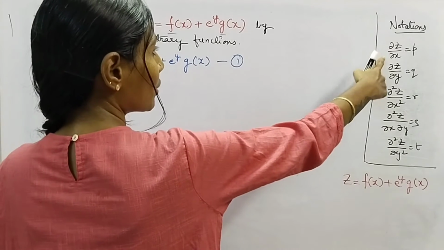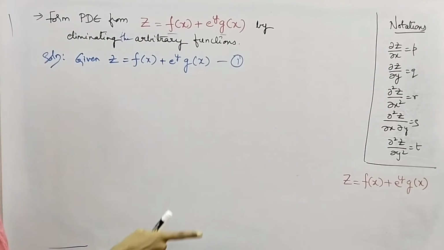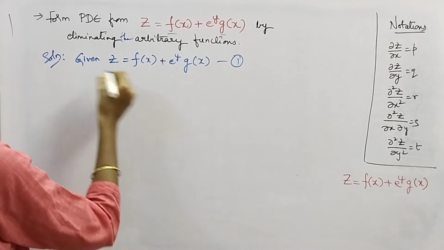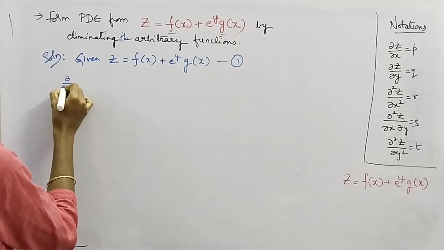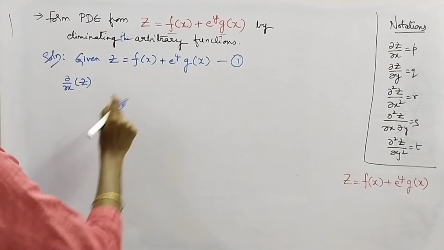p is nothing but the partial derivative of z with respect to x, right? That is the partial derivative of 1 with respect to x. So here we'll partially differentiate with respect to x. I'll just apply dou by dou x on both sides of 1.